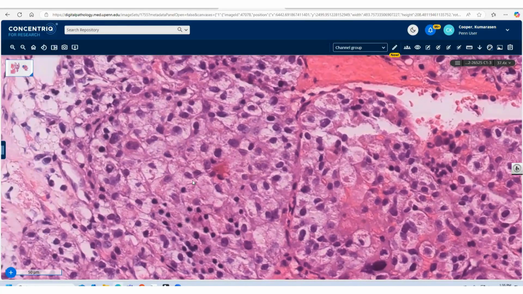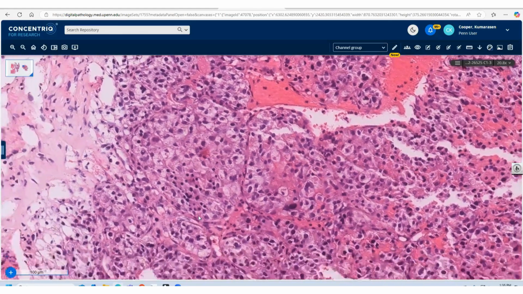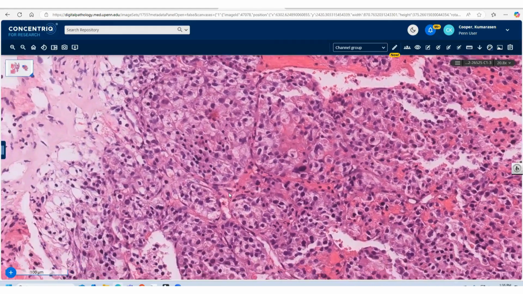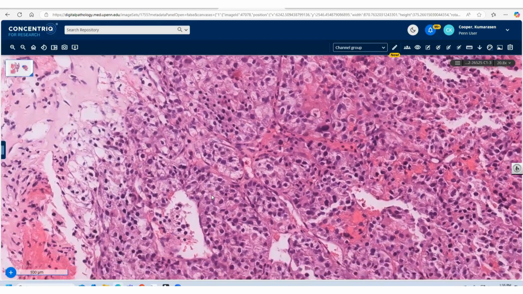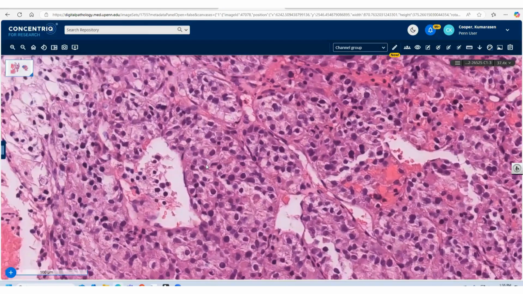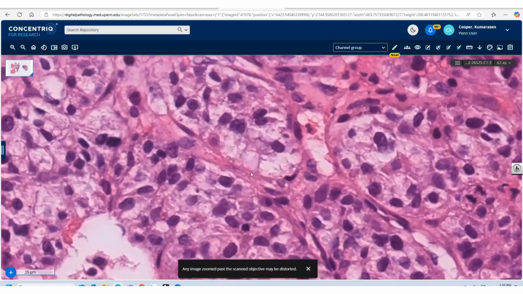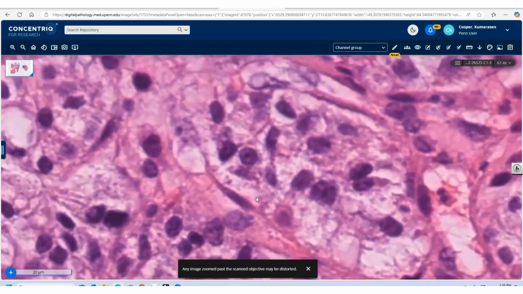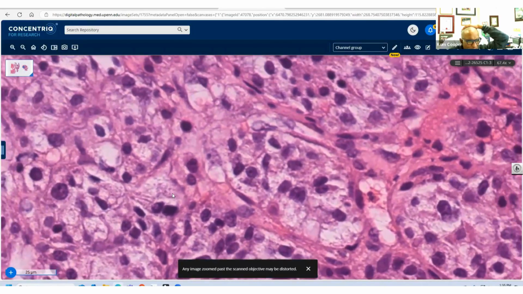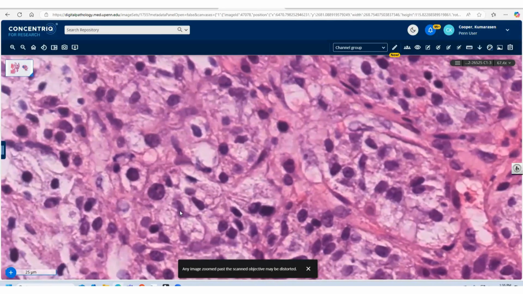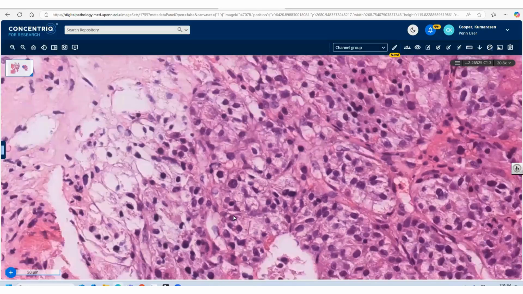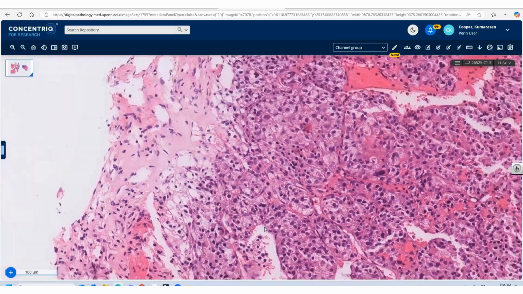Truthfully, now that we've moved away, in theory, yes, you have your acidophils, your basophils, and then your amphophilic ones. But the other thing that's kind of interesting here is the nuclei. Do they have that stippled chromatin or no? Some of them have prominent nucleoli. The other thing that's kind of weird, if you zoom out a little bit, they almost look nested and kind of cleared out, some of them.